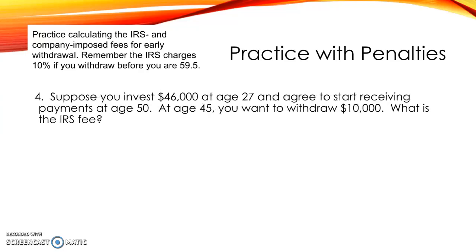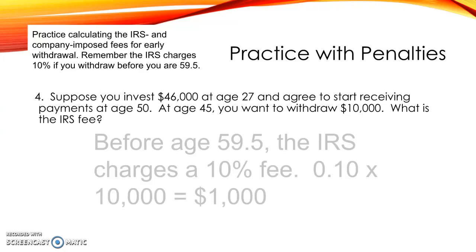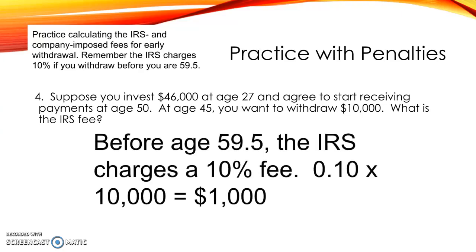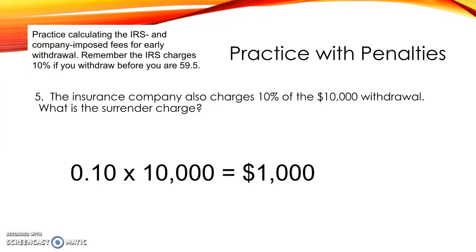Your turn. Try this one. Alrighty. So we're withdrawing $10,000. The IRS fee is going to be 10% of that, or $1,000. The insurance company is also going to charge the 10% of the $10,000 withdrawal.